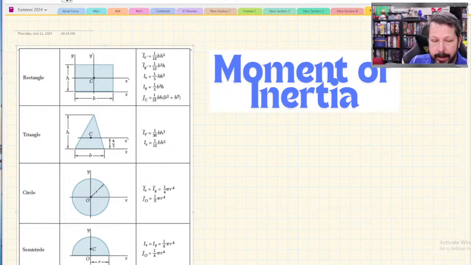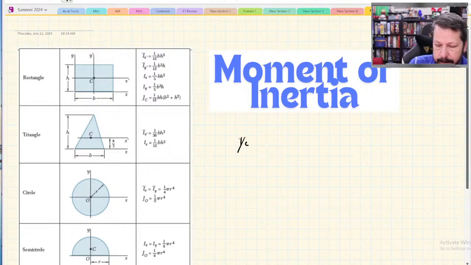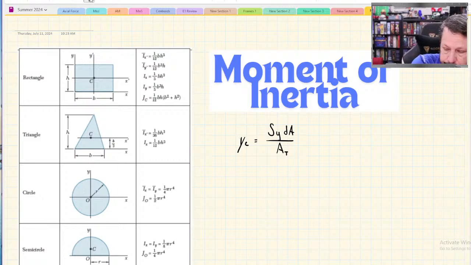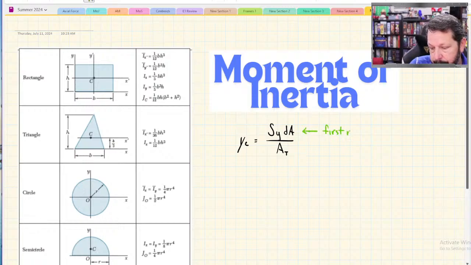And we said that y sub c, the centroid in the y direction, was equal to the integral of y dA over the total area. And we called this numerator the first moment of area.